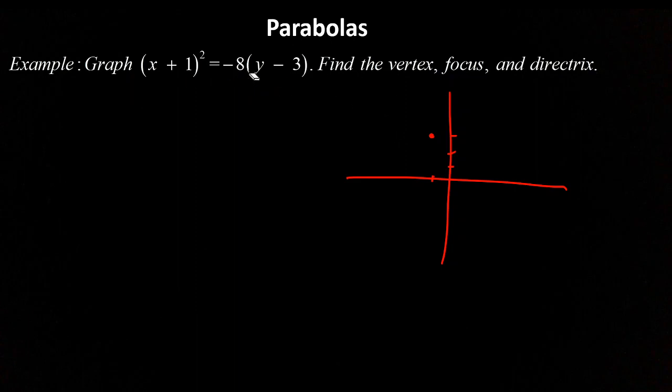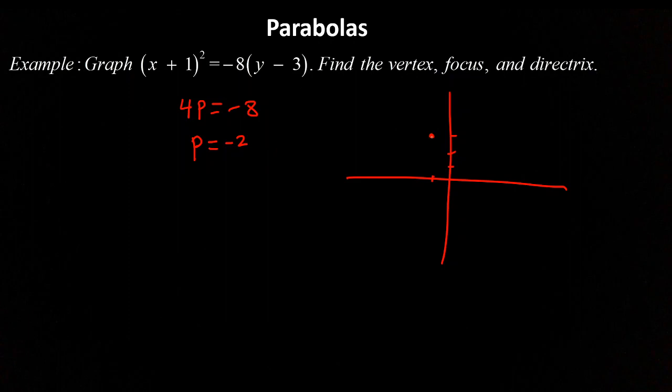Well, notice that y is to the first power. It looks like y equals x squared, so it's vertical. And what is p? 4p has to be -8, so p has to be -2. So absolute value of it is 2. So p equals -2. That means from here, the absolute value of p is 2.